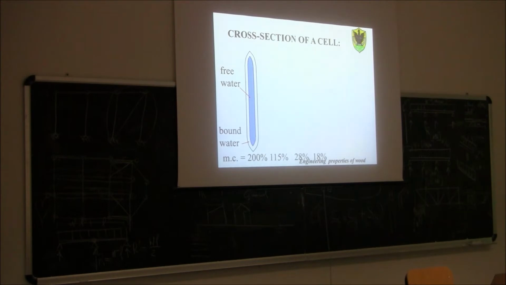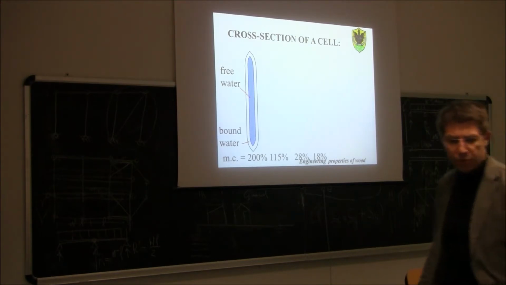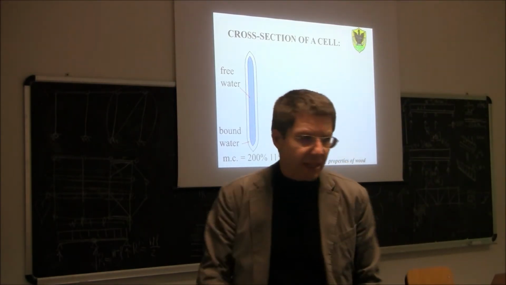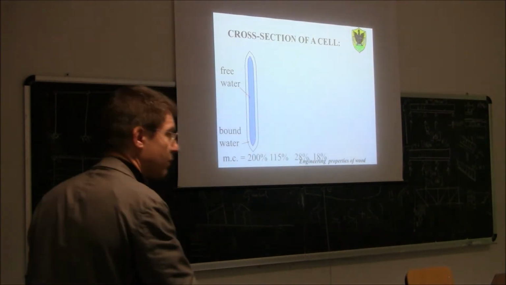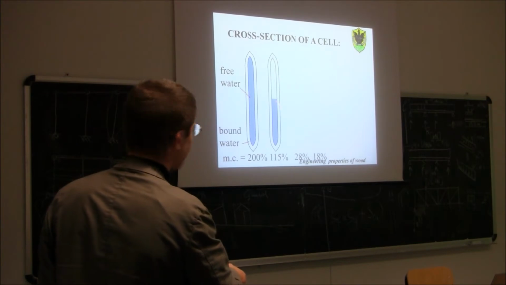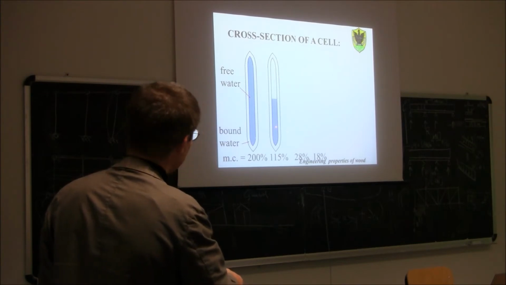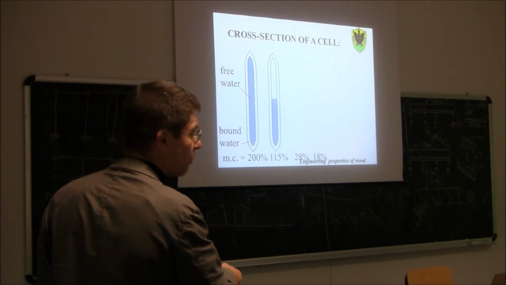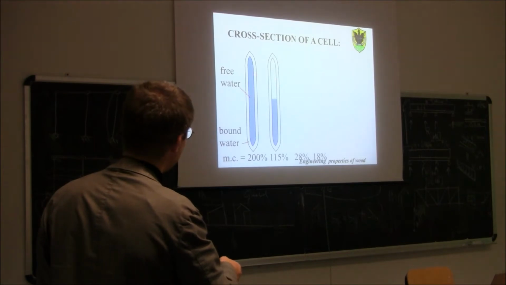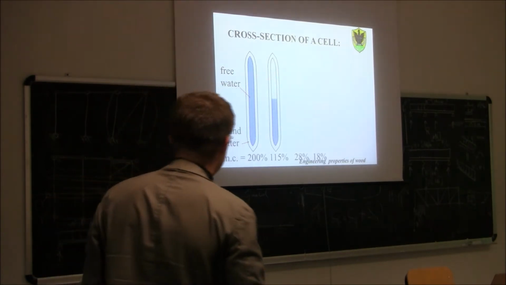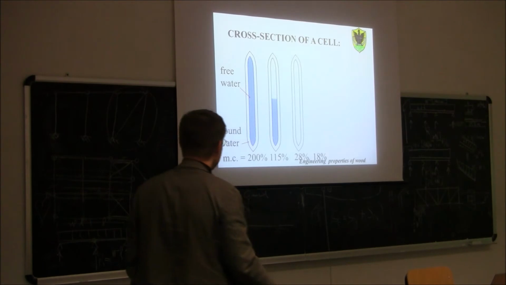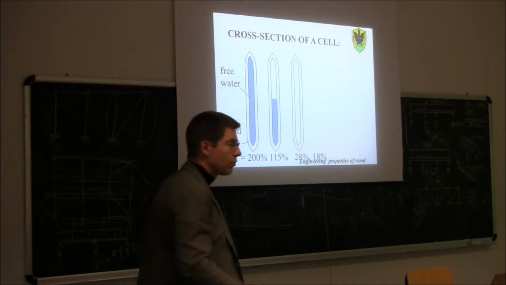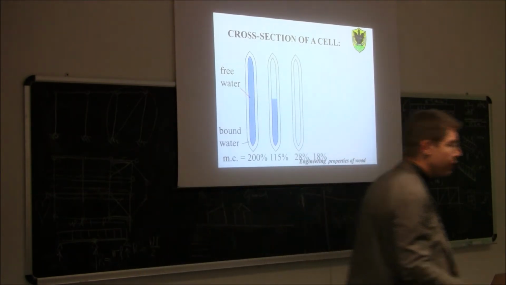Then, once we cut the tree, it starts losing water. The water starts moving outside. First, the tree is going to lose the free water. You see here, a part of the free water is no longer there. Then, as time goes by, we arrive at a condition called the fiber saturation point.